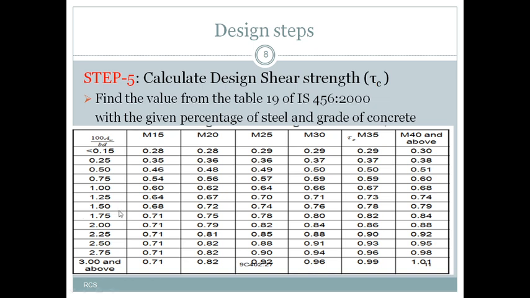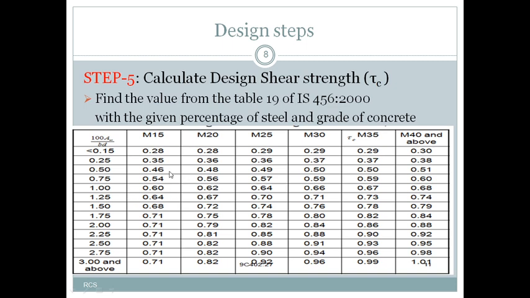If I observe the table, I have direct values only for 0.5% of tensile reinforcement corresponding to M20, that is 0.48, and after 0.5%, I have for 0.75% of tensile reinforcement the design shear strength of that particular concrete, that is 0.56.